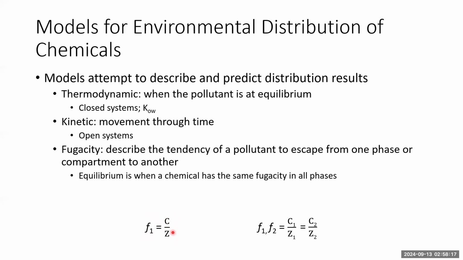That capacity constant describes how hard it is to cross a particular boundary. How hard is it to go from solid to liquid? How hard is it to go from air to soil? How difficult is that? And that's going to be a number that is different in almost every situation. So really, we're just going to conceptually think about, if you have some fugacity value, how would you compare that? And what can it tell you about things?